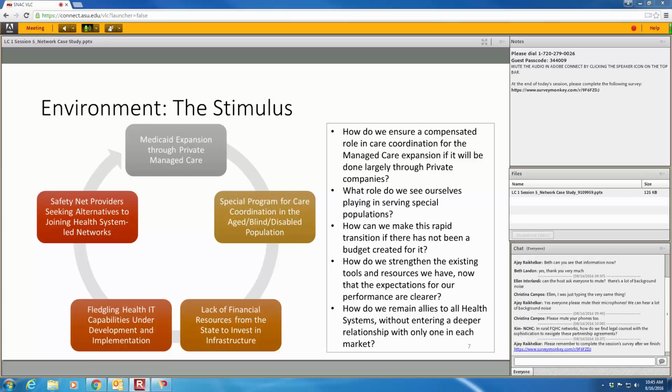In our situation in Arizona, we're an FQHC, and we feel that an IPA network model would be the best, or an ACO if our state association were to create one.